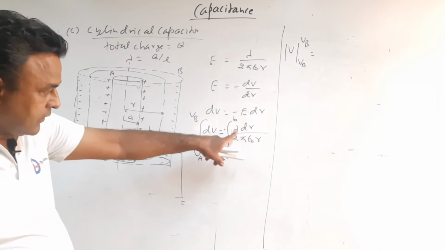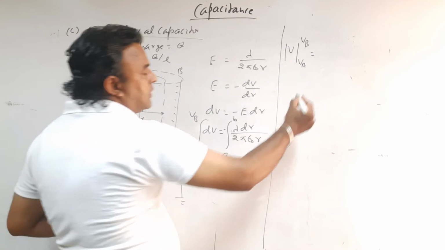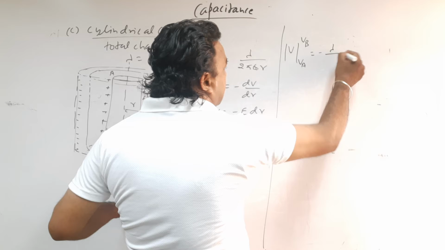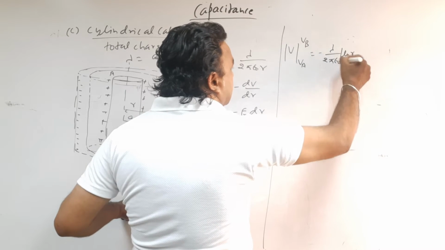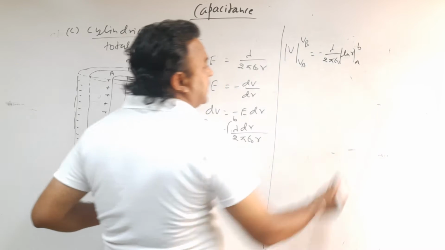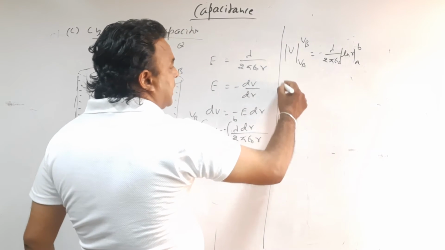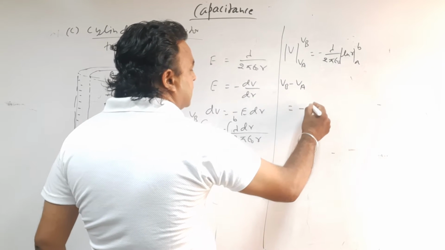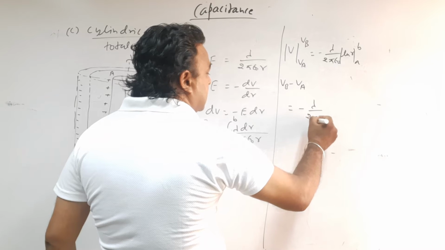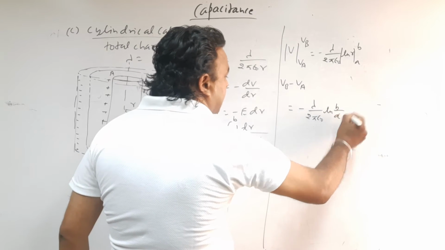And integration of this section, there is only dr upon r integrable. It is minus of lambda upon 2 pi epsilon naught ln r from A to B, right? Here I have VB minus VA is equal to minus of lambda upon 2 pi epsilon naught ln B by A.